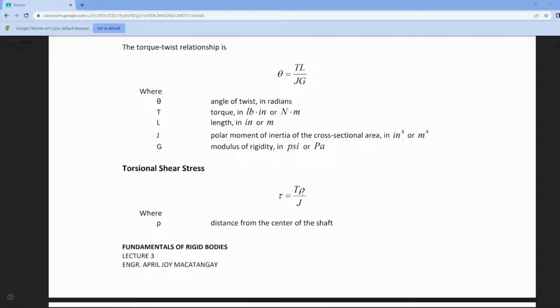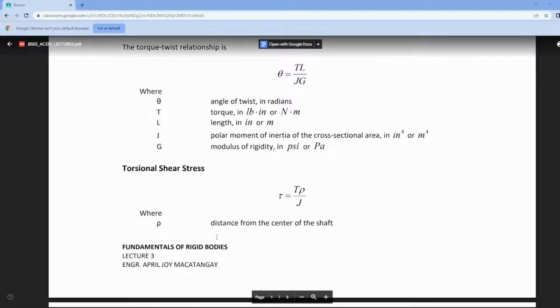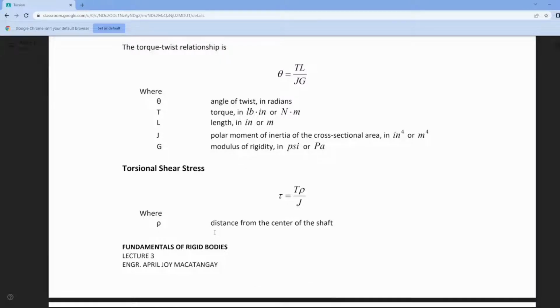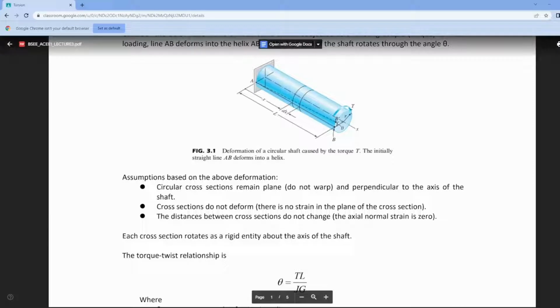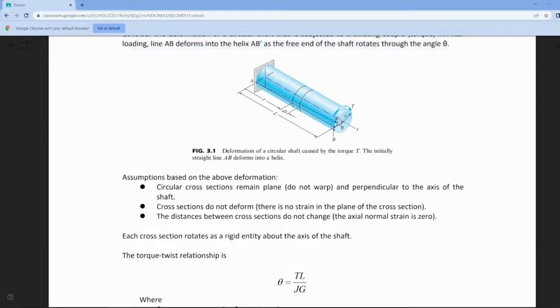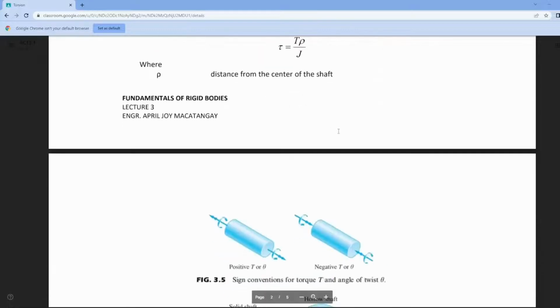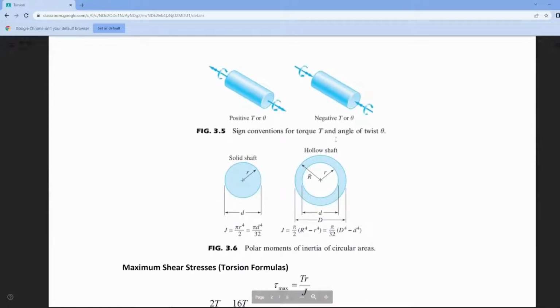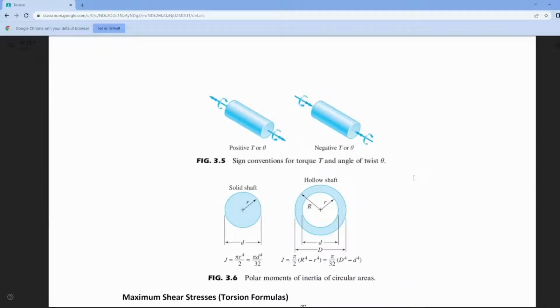What is rho? Rho is the distance from the center of the shaft. If this is the cross-section of your shaft, depending on where you are considering, the distance from the center is rho. Here are some sign conventions for torque and angle of twist.